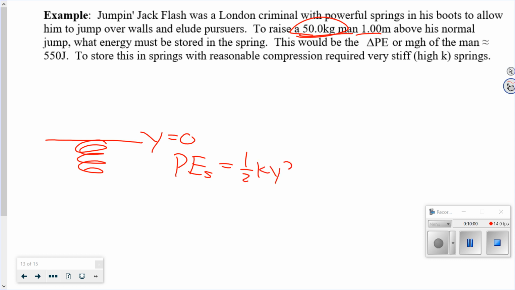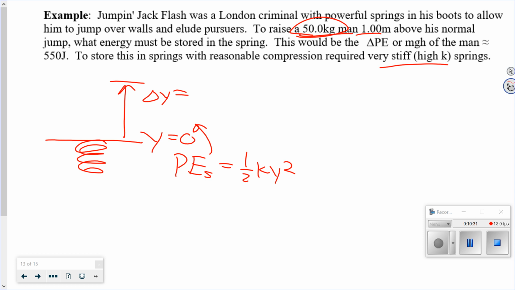If we want to add 1 meter to his jump, what energy must be stored in the spring? We want to lift the man 1 meter.